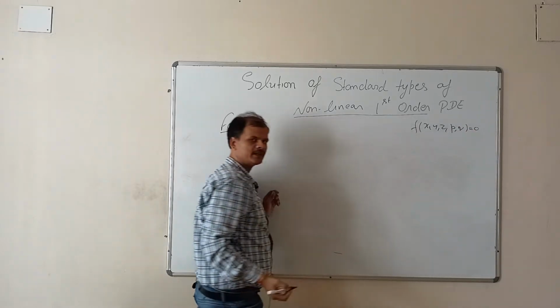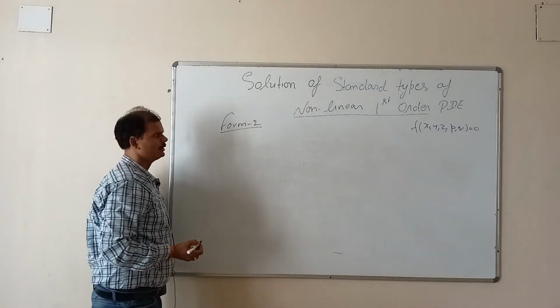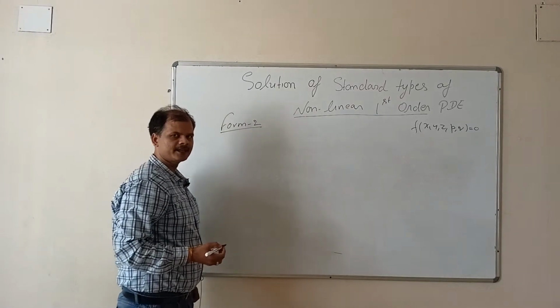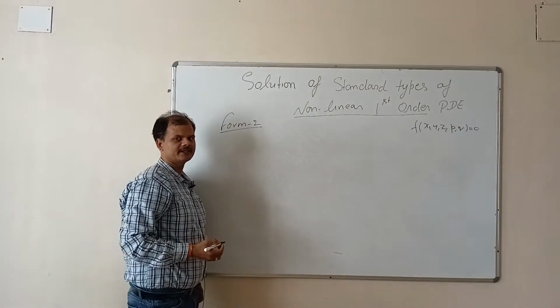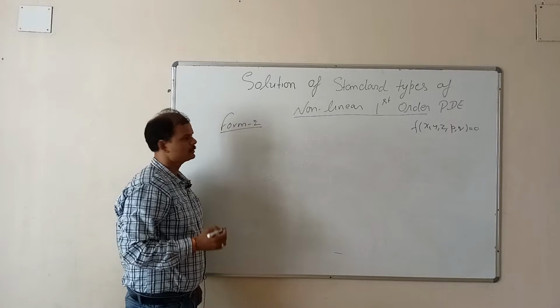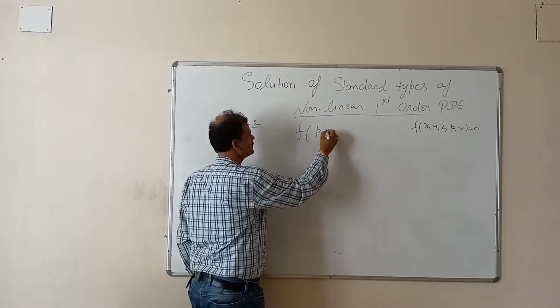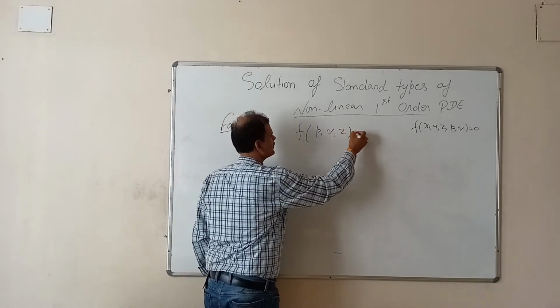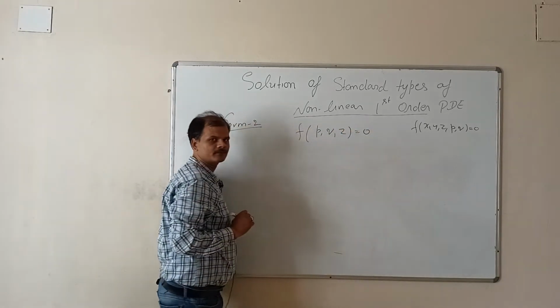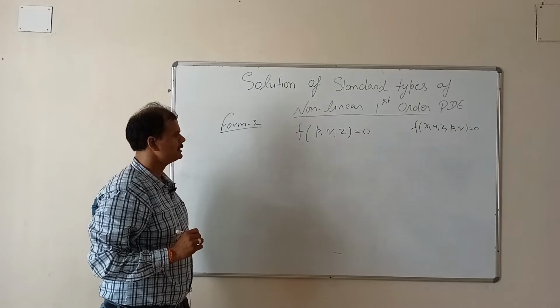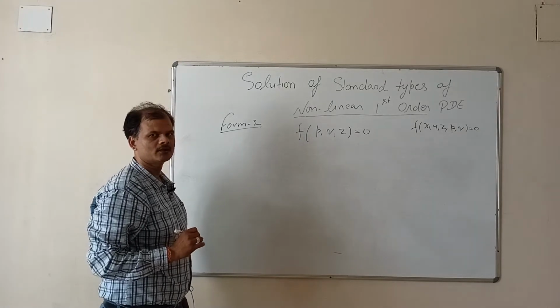First order PDE means we have only p and q. Okay, and x and y are independent variables and z is the dependent variable. So in Form 2, your PDE will have only p, q, z equal to 0.